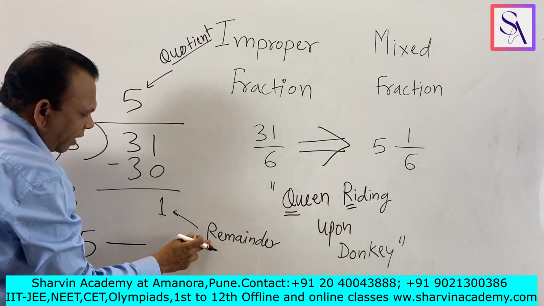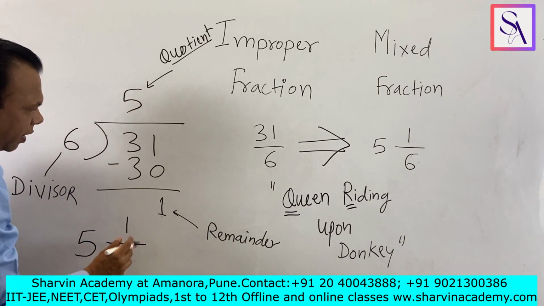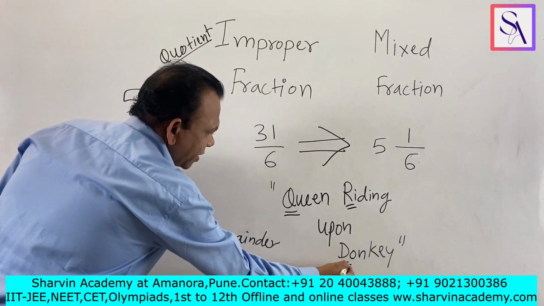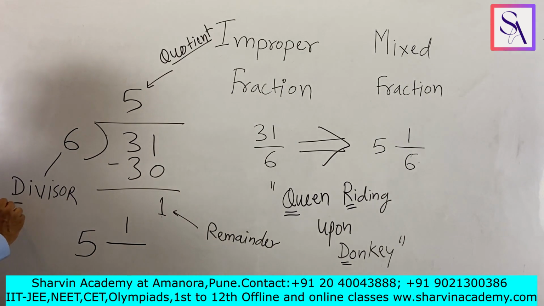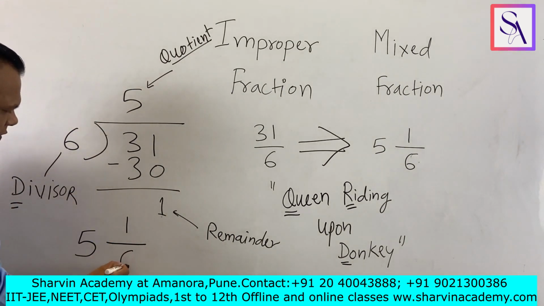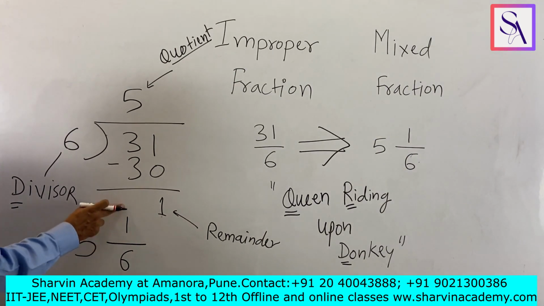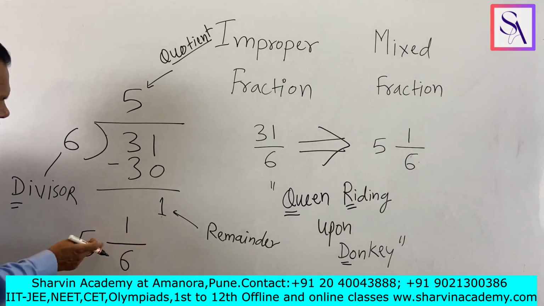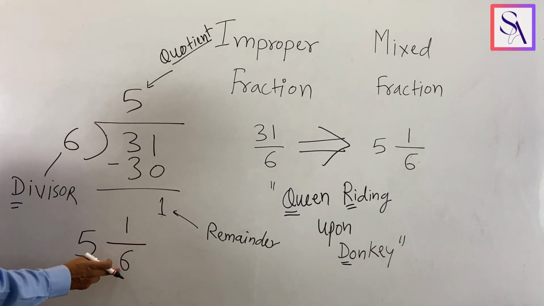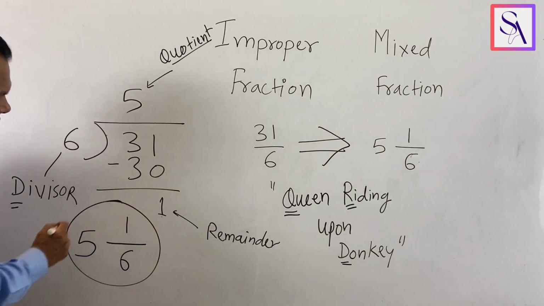R is remainder, so you have to write the remainder here. What is the remainder? 1. And donkey is nothing but divisor, so write the divisor here. What is the divisor? 6. So see, she is a queen, remainder is the riding, upon means this by line, donkey means divisor 6. So you have to write like this. This is a mixed fraction.